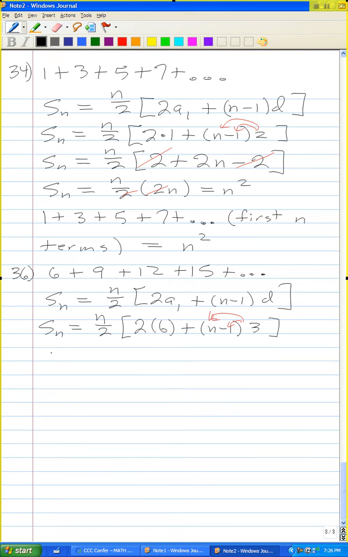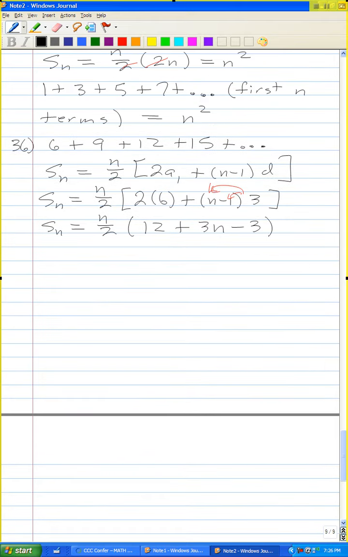And so I get S of n is equal to n over 2 times 12 plus 3n minus 3. So I get S of n is equal to n over 2 times 3n plus 9.